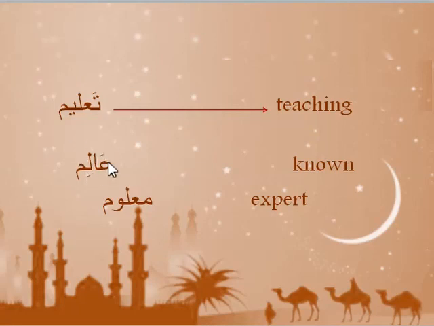This is a measure 1 active participle, meaning the doer, one who does knowing. And of course the last one, this is what? Passive participle of measure 1. Ma'lum means the done. The done knowing would be known.